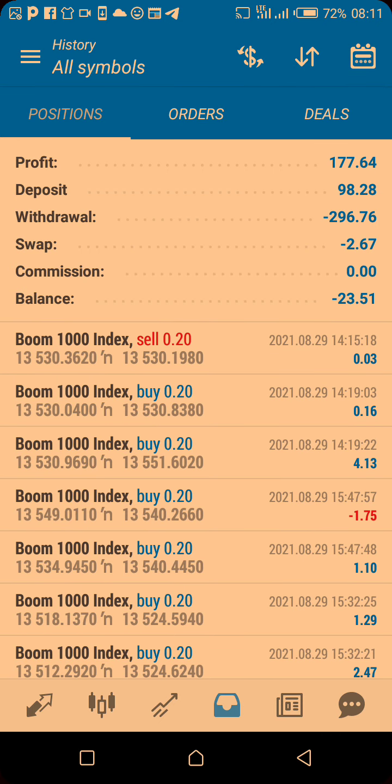You see, at first I deposited $98.28. I made a profit of $177.64. As you can see here, I was able to catch some strikes, and I've been catching a lot of them.